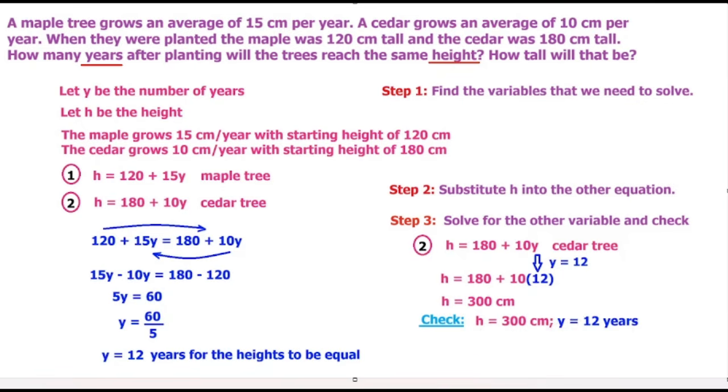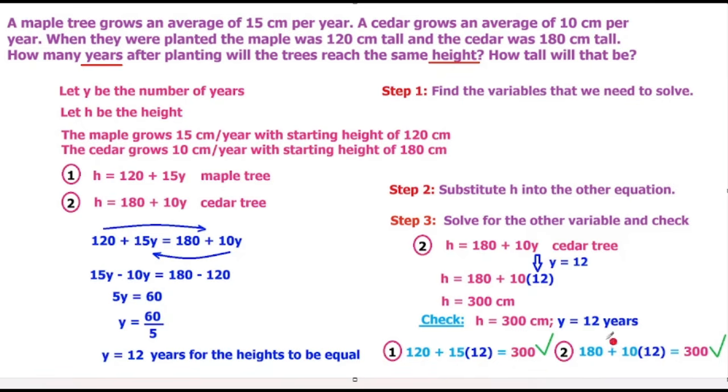So let's do our check now. We have both our variables. So h is going to be 300 centimeters and y equals 12 years. Now we could just put it into equation 1: 120 plus 15 times 12 equals 300. So that's our first equation.